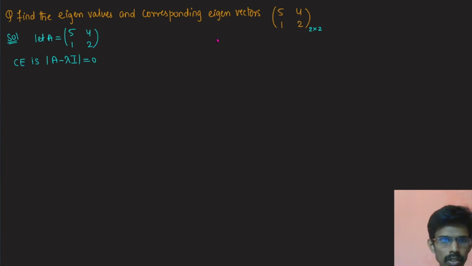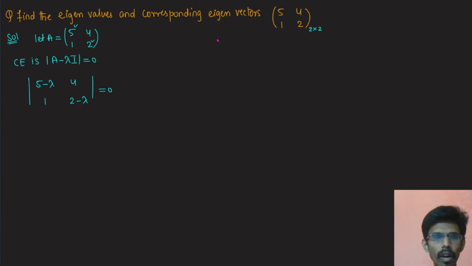To get this, subtract lambda from the principal diagonal elements. Here we have 5 as a principal diagonal element, so take 5 minus lambda, and here we have 2, so take 2 minus lambda. The other terms stay as they are, that is 4 and 1. So this is the characteristic equation.